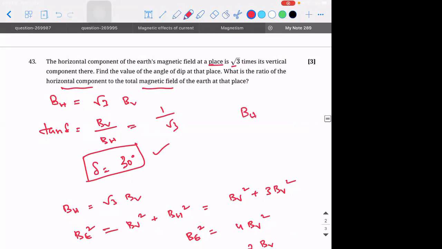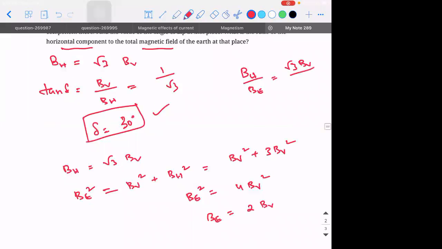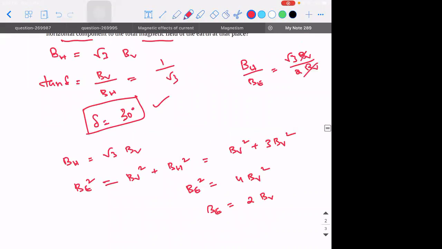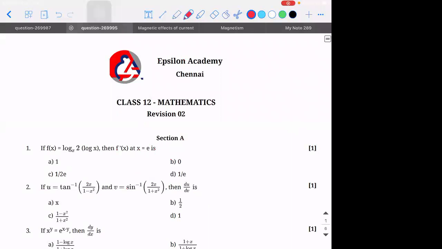So BH divided by BE is equal to √3 times BV divided by 2 times BV. Cancel it. It is root 3 by 2. I hope this problem is clear, right? Yes, sir. Okay.